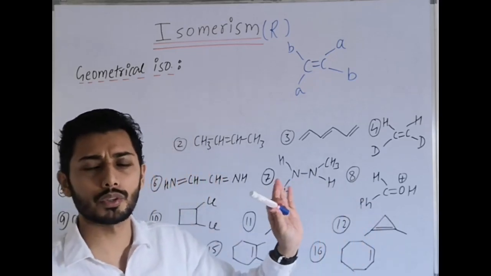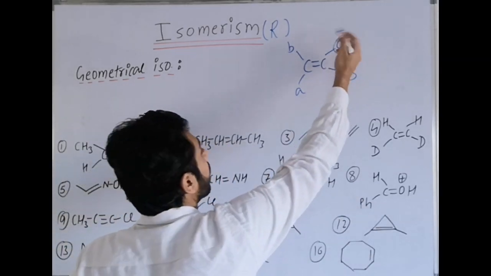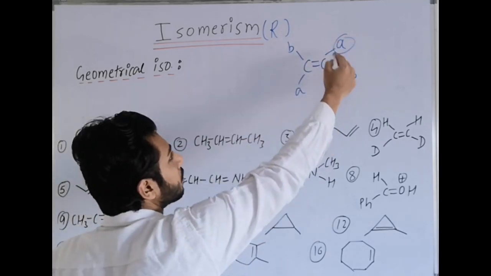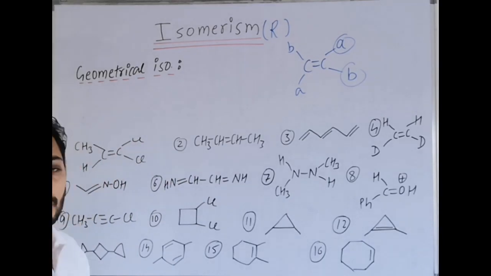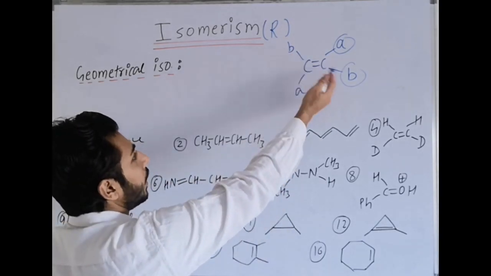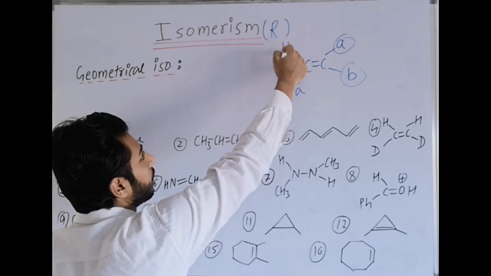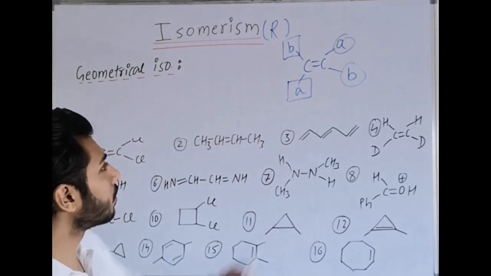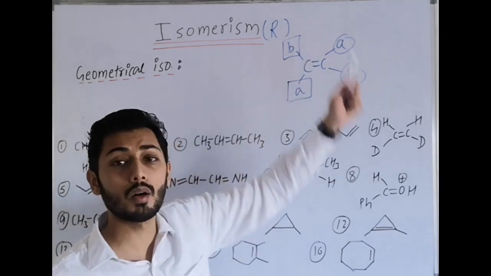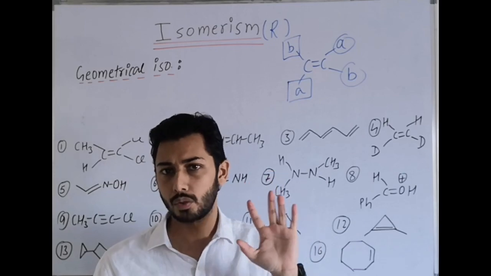Then we check the other part, that the distance of the groups must change, which is possible if we have two different groups. On this carbon, two different groups are A and B, right? On the other carbon, two different groups are there, B and A, right? Maybe here also AB, here also AB. It's about at each end of the restricted bond there must be two different groups.